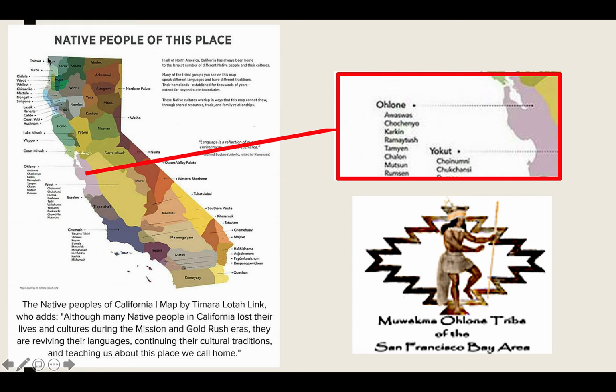And so as you begin to reflect and think about the fact that we're standing on native land, those of us here in the San Francisco Bay Area, there are several different bands that compose the Ohlone people. Those of us here in the San Jose area may or may not be familiar with the Muwekma Ohlone tribe specifically.